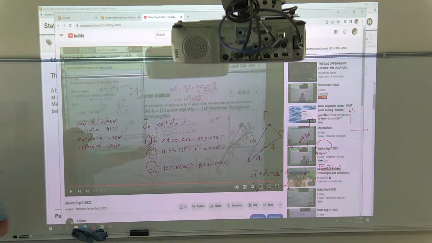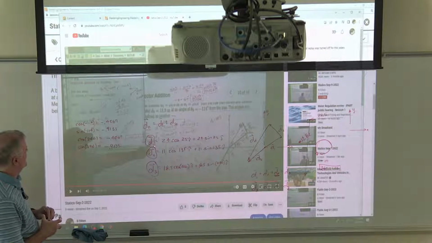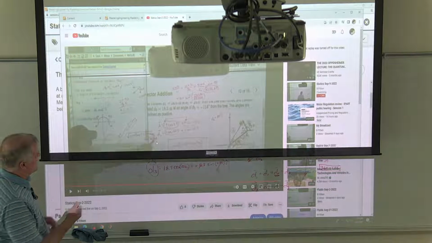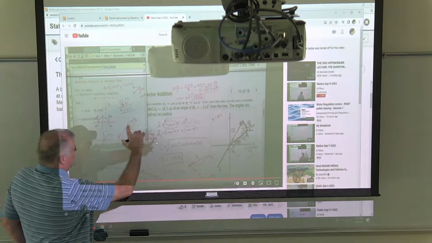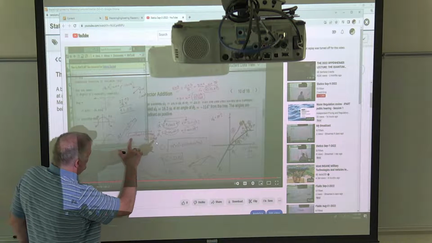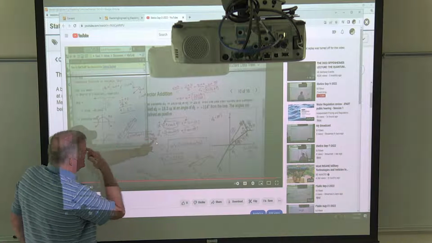Let me drop the screen. If you look back, you have to watch that real close because I think I did it fairly quickly near the end. You see the 22 right here and this angle between it, and the cosine of the angle between it, because I think we did do that.